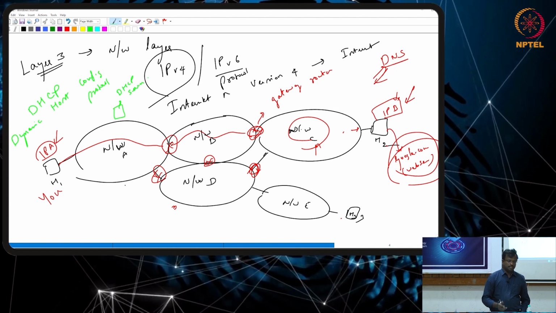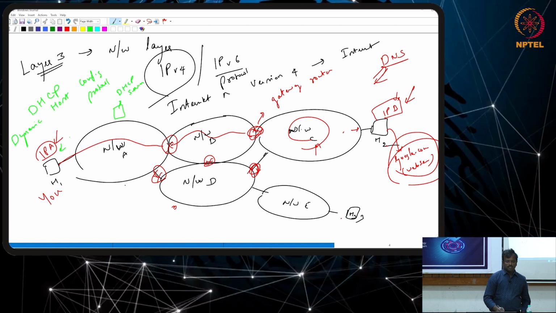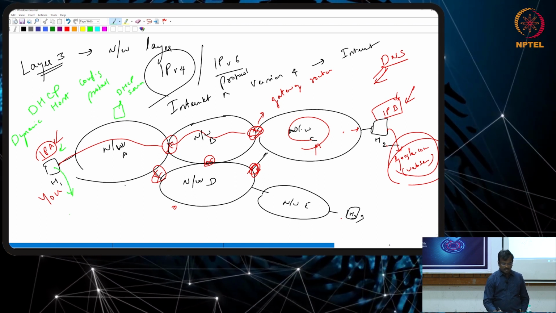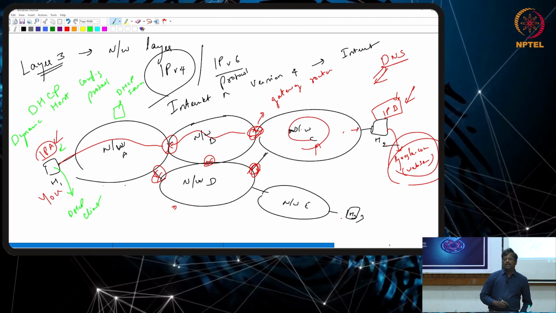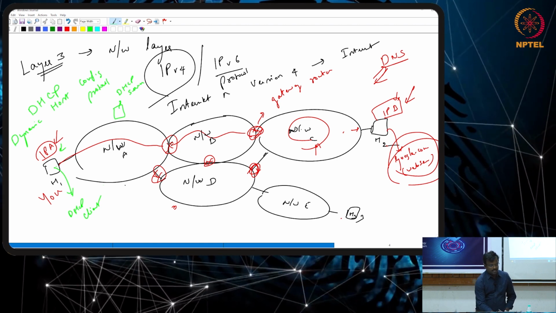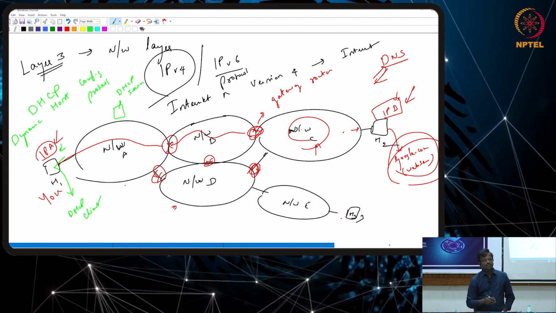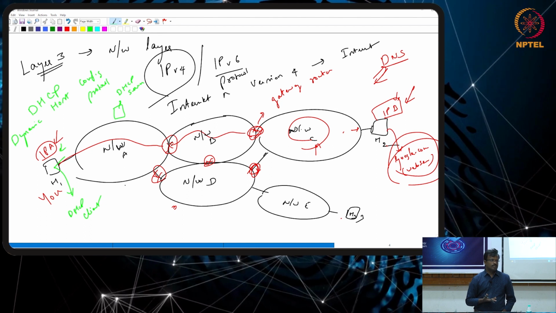Anybody who joins the system without an IP address of their own runs a DHCP client, since your operating system has a DHCP client running in the system, and this DHCP client will send a packet. In order to reach a DHCP server, you should know the IP address of the DHCP server, right? That you don't know.